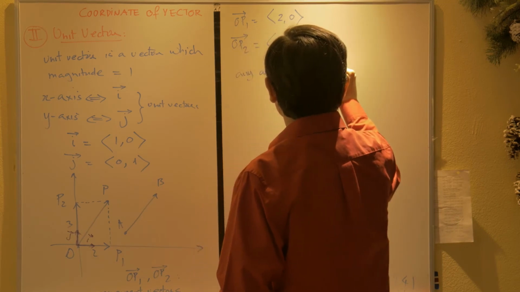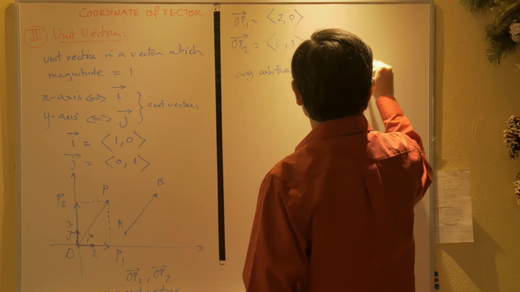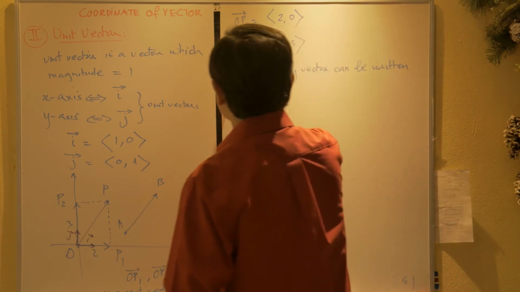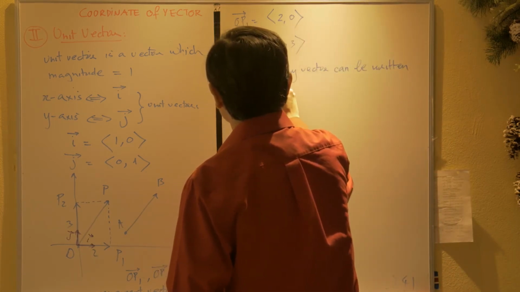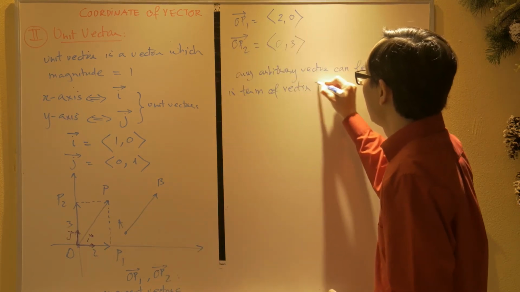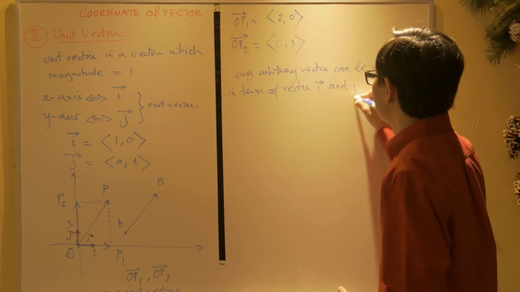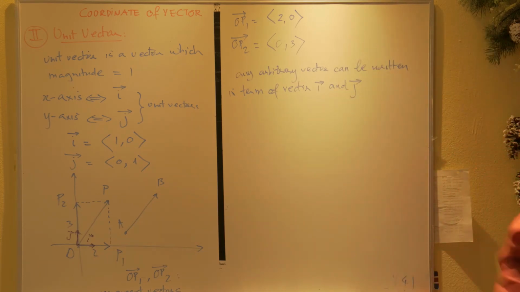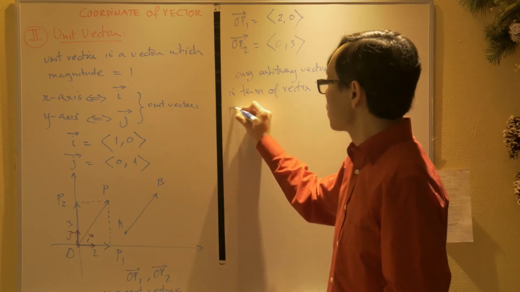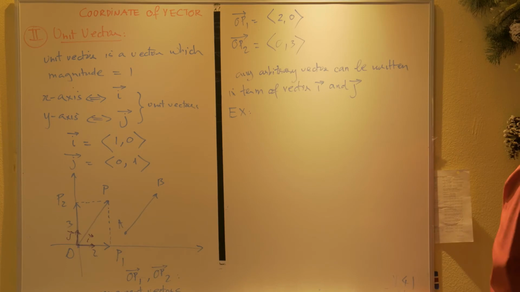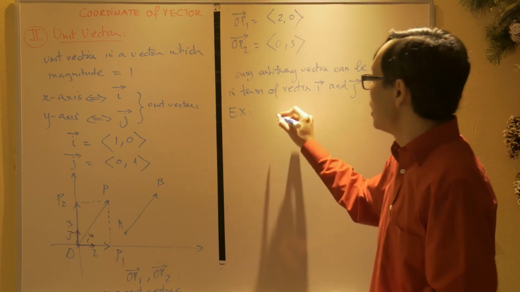Any arbitrary vector can be written in terms of vector i and j. What is that? I have a coordinate of vector AB.